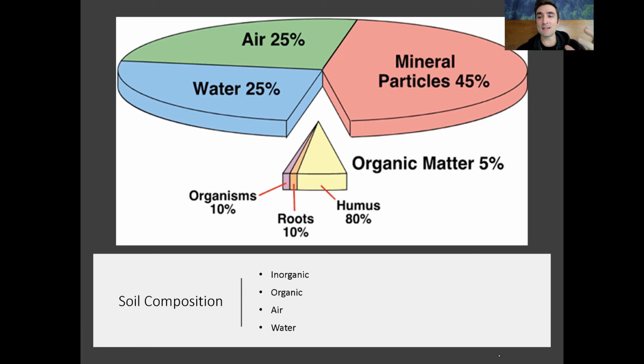The main ingredient is the mineral particles, and that's everything we've been talking about so far. It's the broken down rocks, the sand, silt, and clay, minerals that make up what you would recognize as dirt or as soil. And although that's the main thing you can see, it's only about 45% of healthy soil, a little less than half.